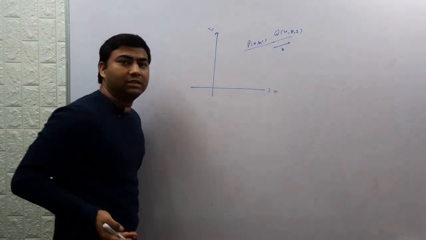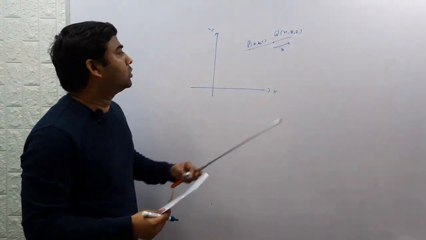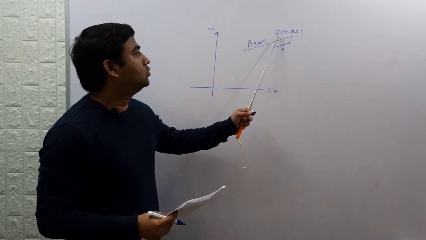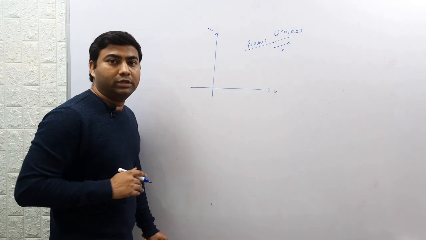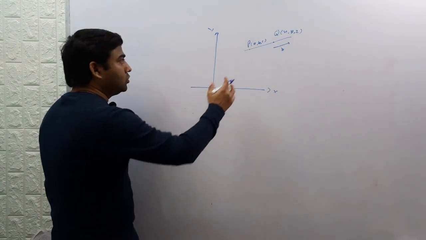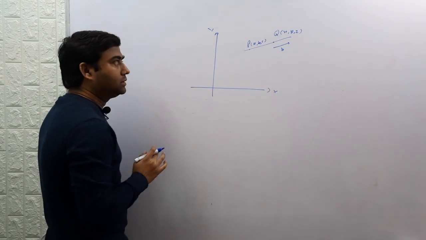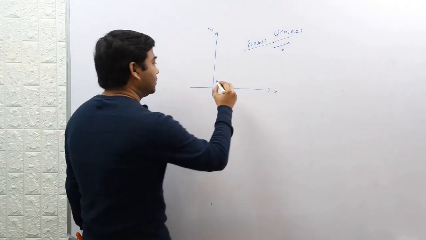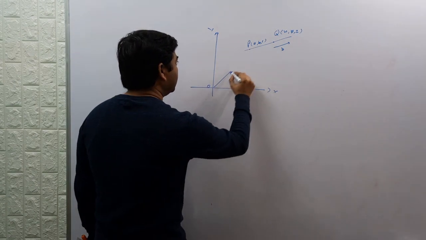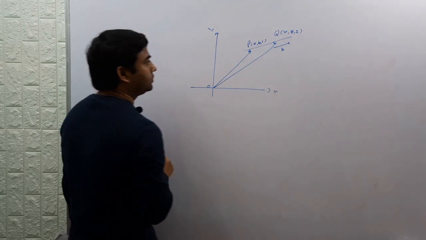As we find a locus in coordinate geometry for a general point, similarly we find the locus of this Q in terms of position vector in vector coordinate geometry. So we will find the position vector of this general point, which will represent the vector equation of the line. This is O, this is vector OP, this is vector OQ.